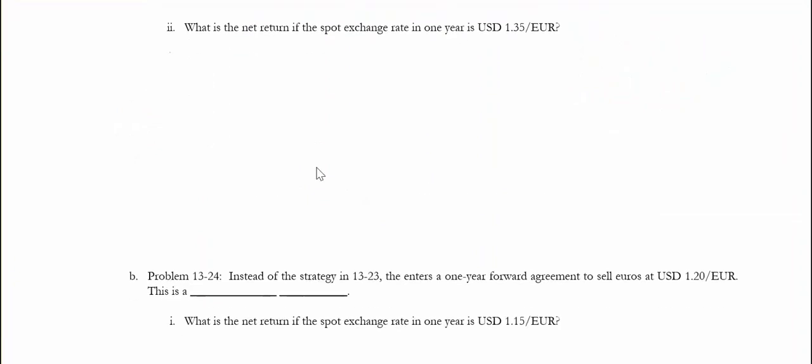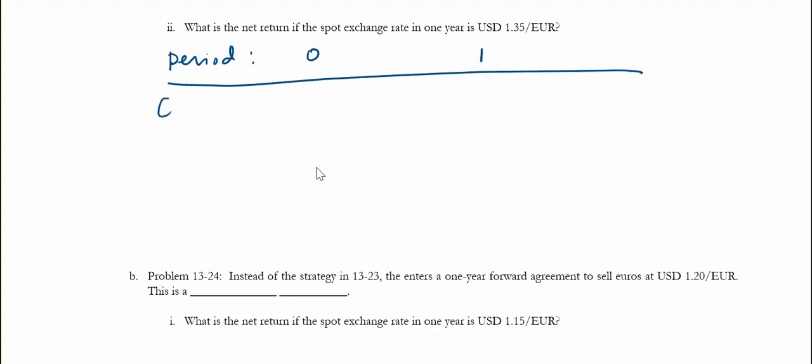Right, now let's see what would happen if the euro appreciates to $1.35 per euro. Let's just write the things that change. We have the German deposit.